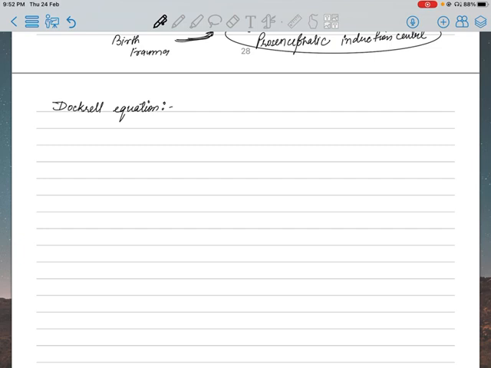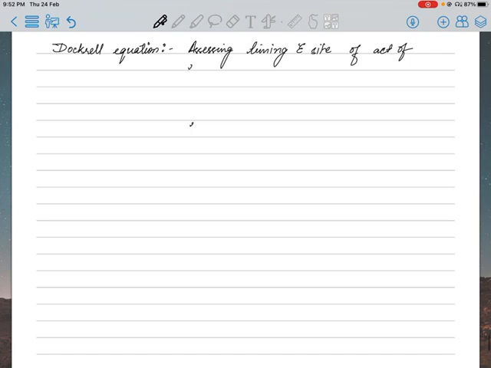It is actually assessing the timing and site of action of the etiological agent of malocclusion. So that is the Dockrell equation.